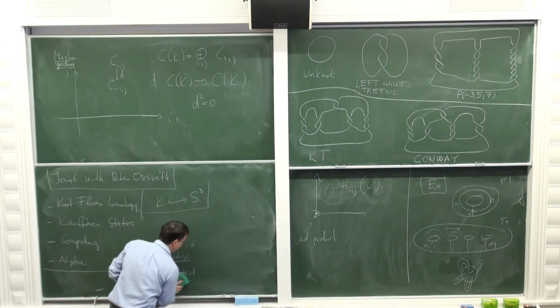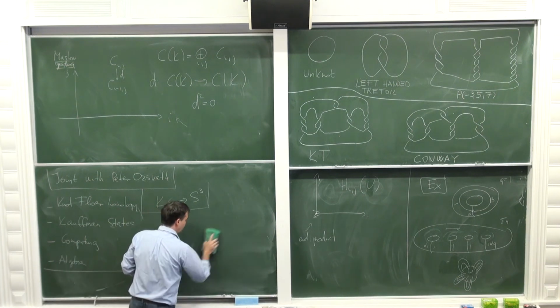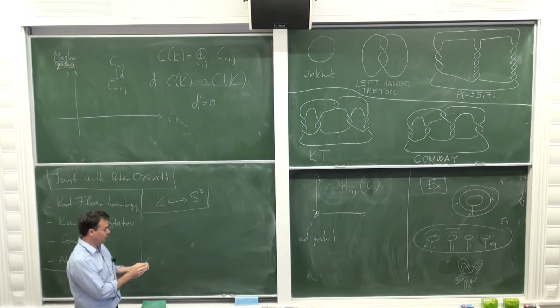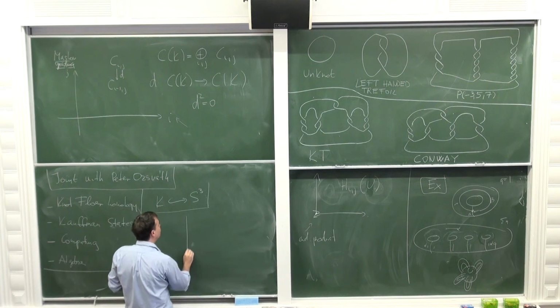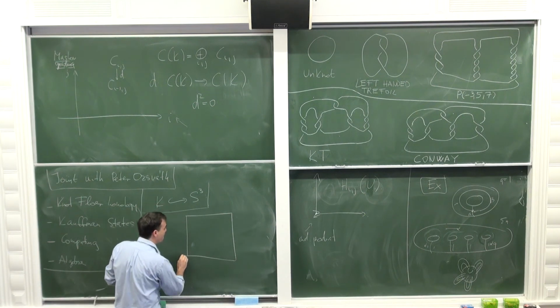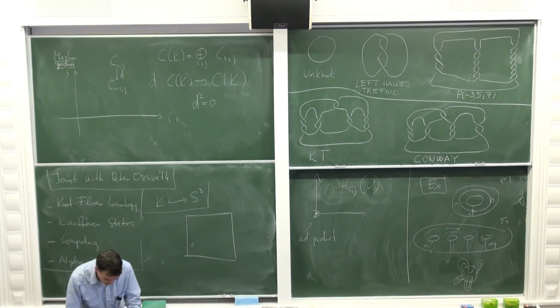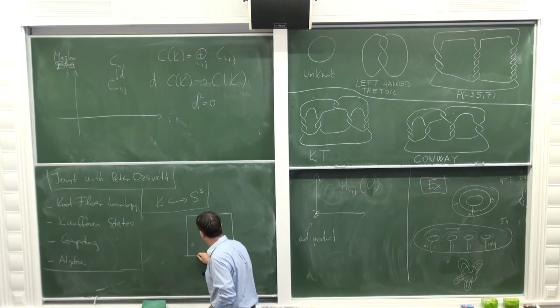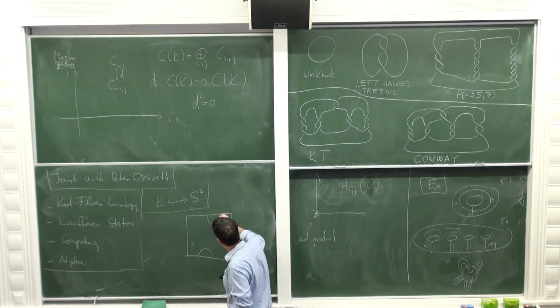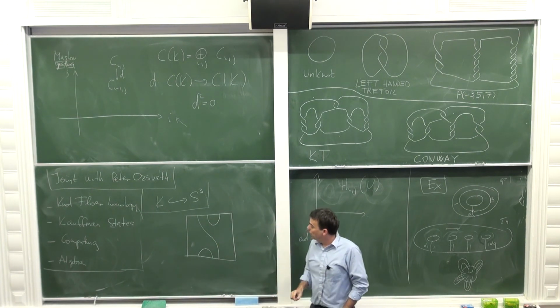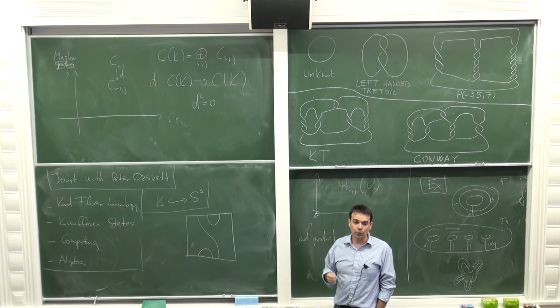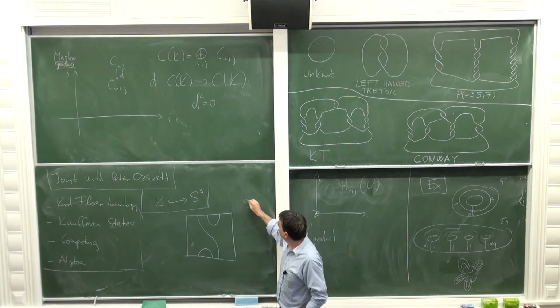However, as it turns out, one can do slightly more interesting things. And maybe let me give you another example. So this example is also on a genus 1 surface.